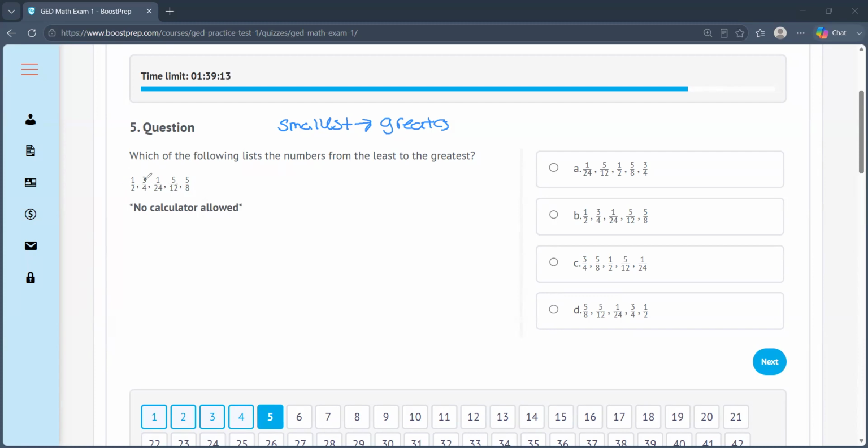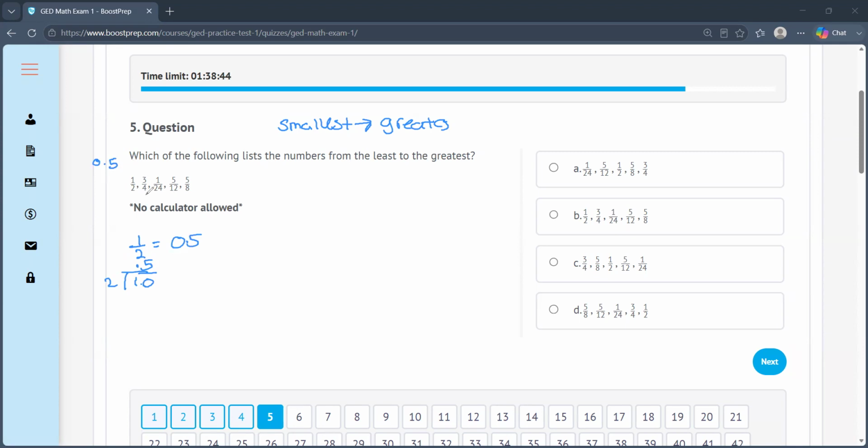I know 1/2 is the smallest because 1/2 as a percentage would be 50, or as a decimal would be 0.5. So 1/2 is 0.5.